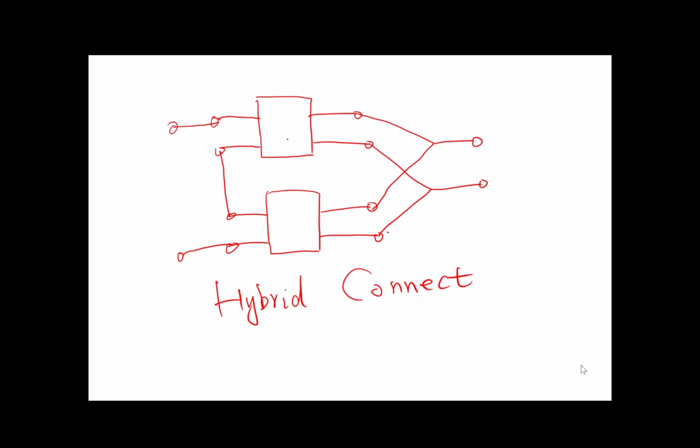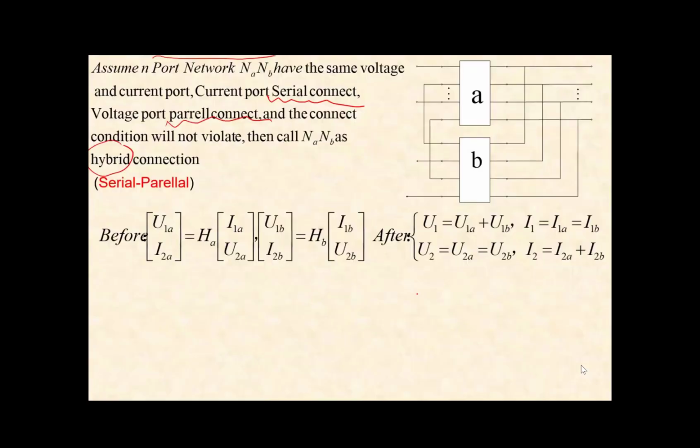Just hybrid connection. Some ports serial connect, some ports parallel connect. This is hybrid. So this is a serial connect, this is a parallel connect. When hybrid connect, we use the hybrid parameter to express.